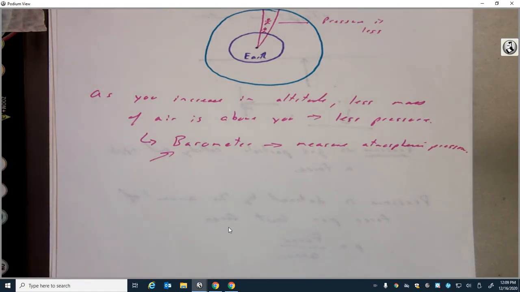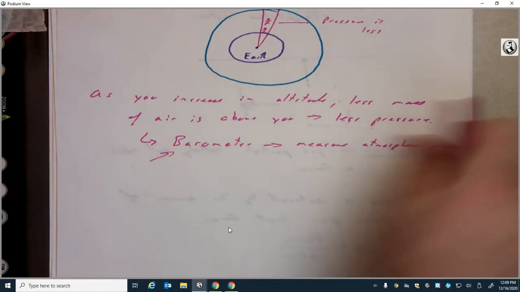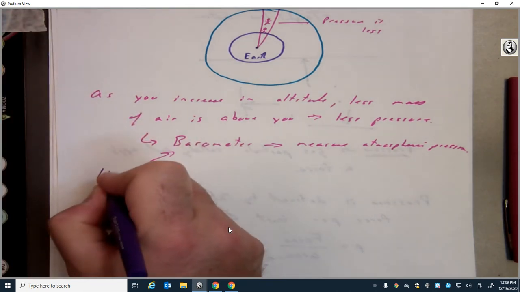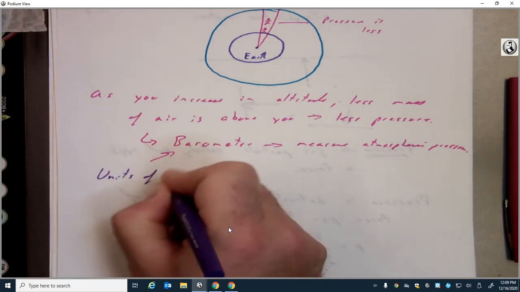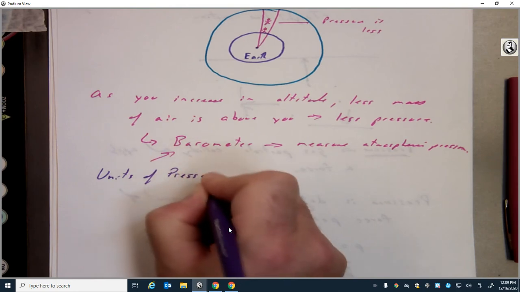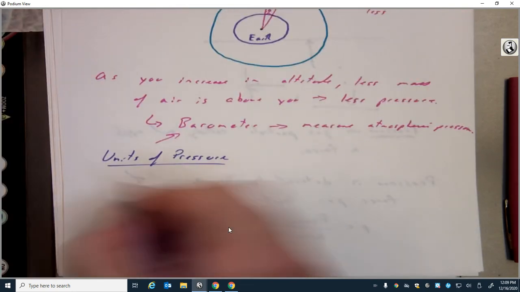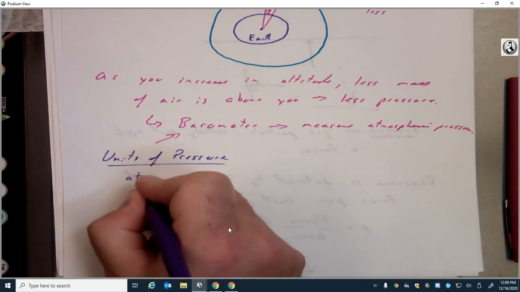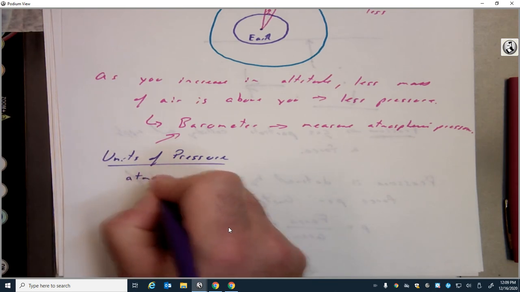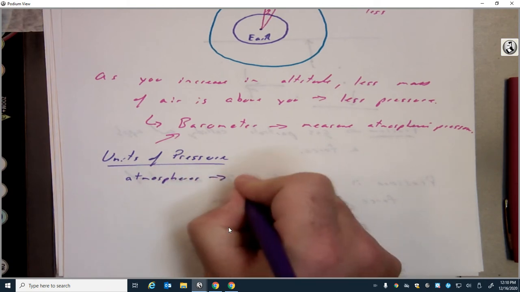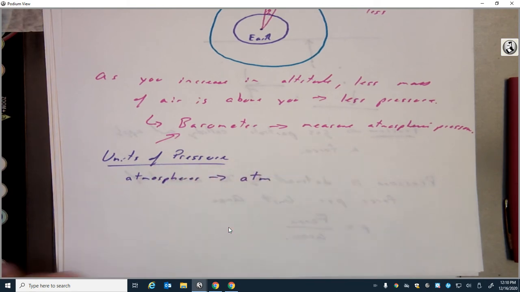Now, we need to be able to use some different units of pressure. We'll use atmospheres, which are ATMs.